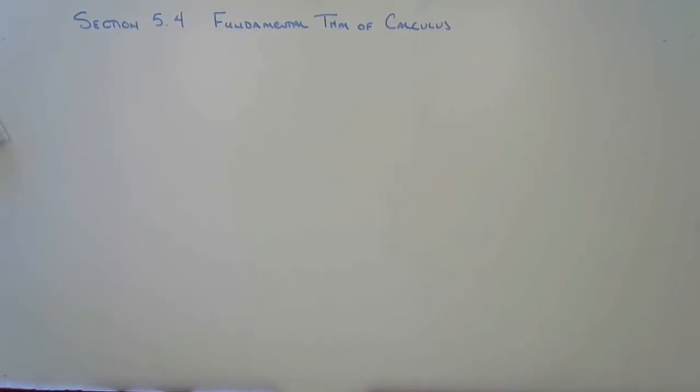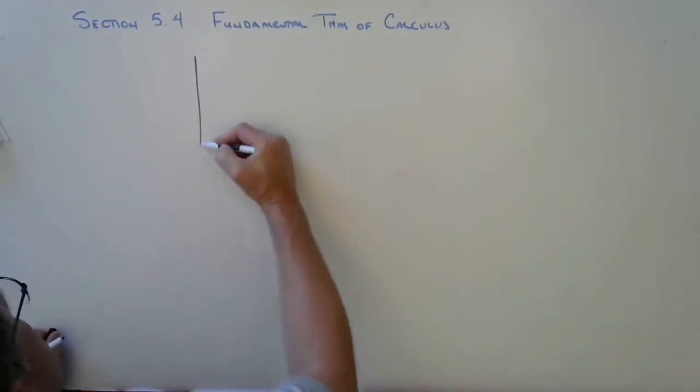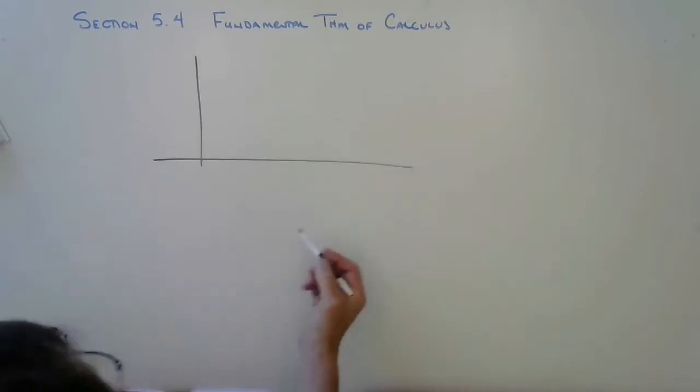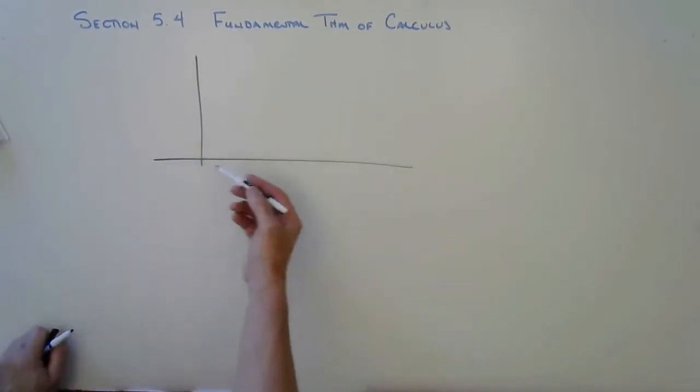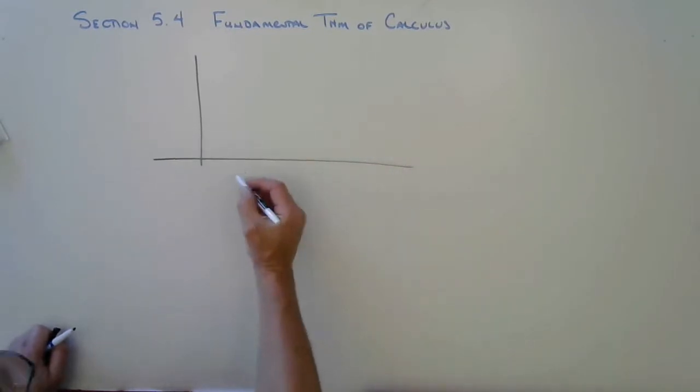So what is this function that we are going to use to talk about the fundamental theorem of calculus? Well, we're going to start. Let me get a different color here. We're going to take just the first quadrant. We can put the function anywhere we want, but we're going to put our function in the first quadrant.